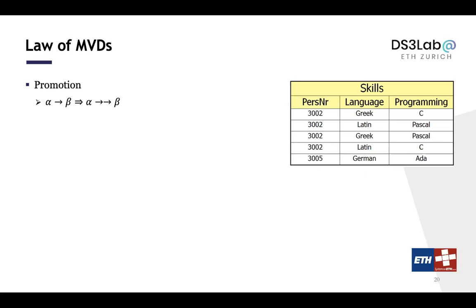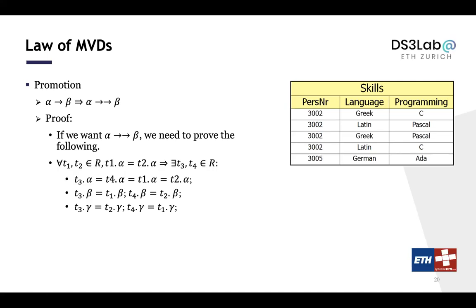Whenever you have an FD, you have an MVD, okay? So how can you prove that? The proof is simple. You always go back to the definition. If you want to prove an MVD from alpha to beta, you need to prove this. I think now everyone is really clear about what this is. For all pairs T1, T2, you need to find that T3 and T4.